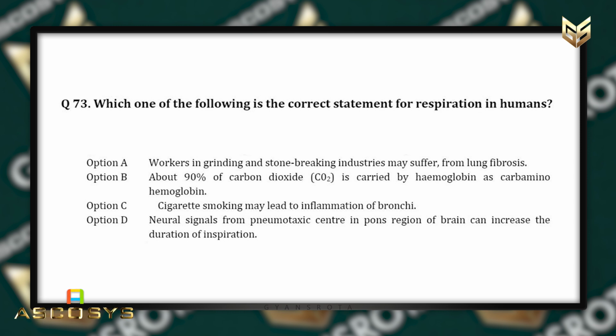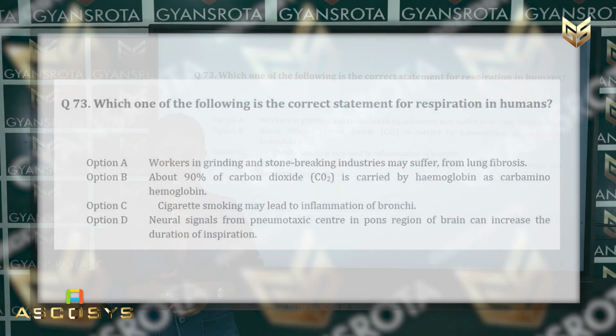Option number B, about 90% of carbon dioxide is carried by hemoglobin as carbamino hemoglobin. Option number C, cigarette smoking may lead to inflammation of bronchi. And option number D, neural signals from pneumotaxic center in pons region of brain can increase the duration of inspiration.